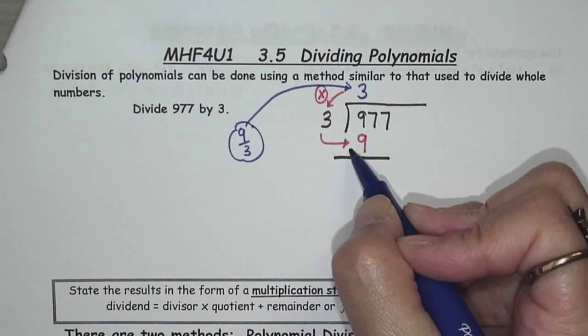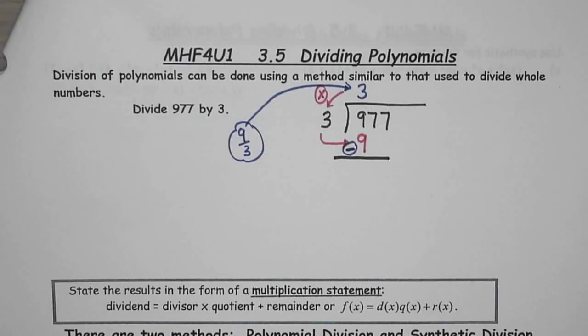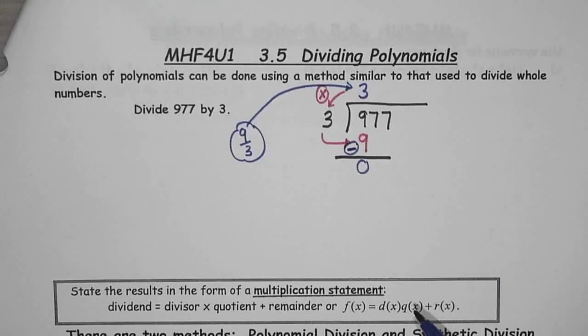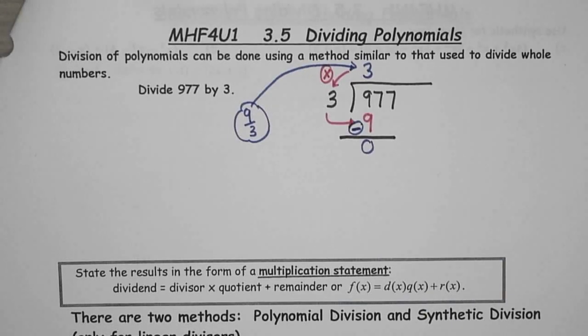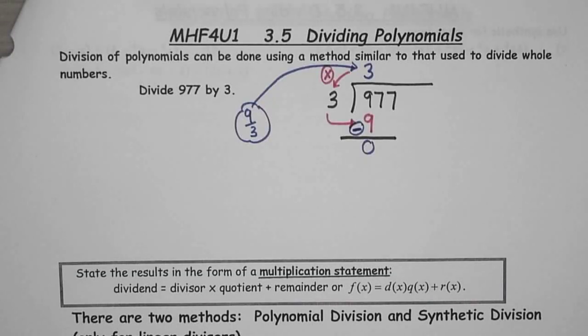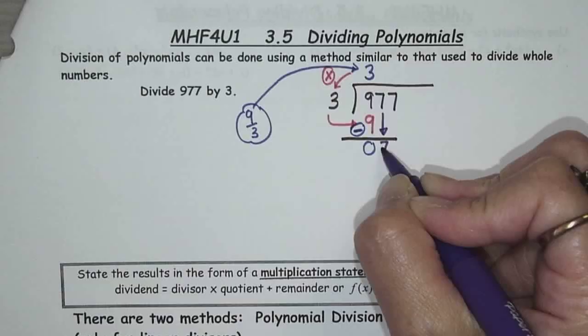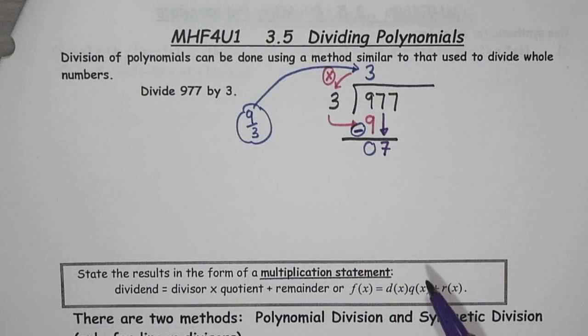So 9 minus 9 equals 0. Then do you remember what you did? You would drag this one down and say, oh, I got another number to start with. And you'd go, okay, start it again.